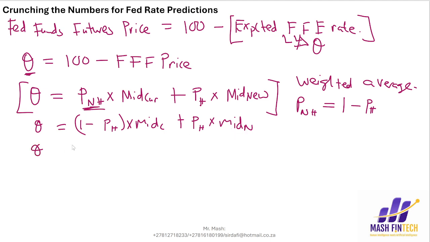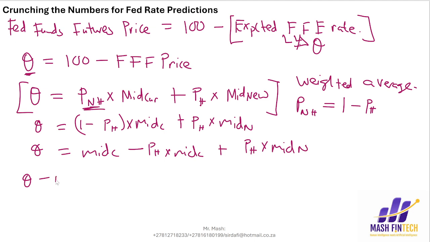So the effective federal funds rate is going to be the midpoint of the current range minus the probability of a hike times the midpoint of the current range plus the probability of a hike times the midpoint of the new range. You take this to the other side. So your effective federal funds rate minus the midpoint of the current range must then be equal to, you factor out this.